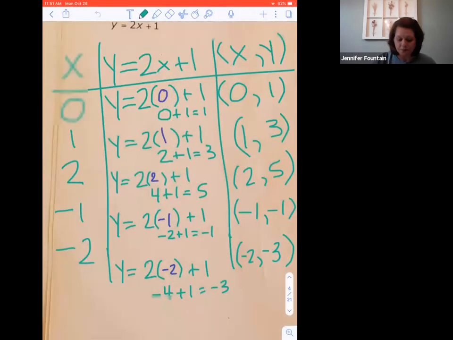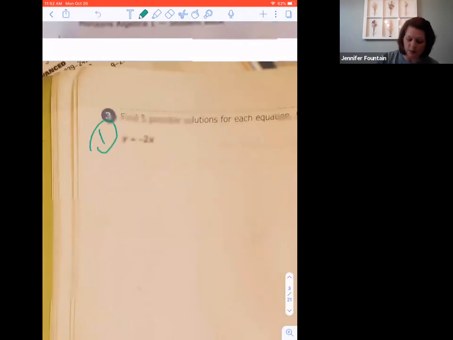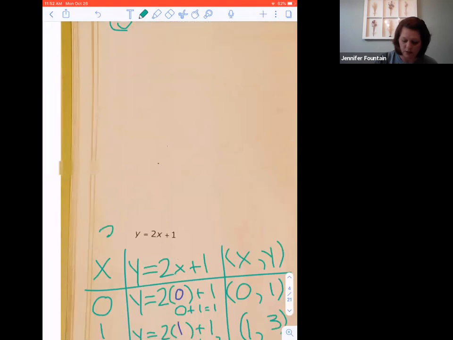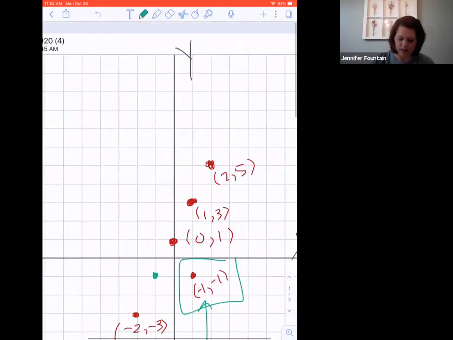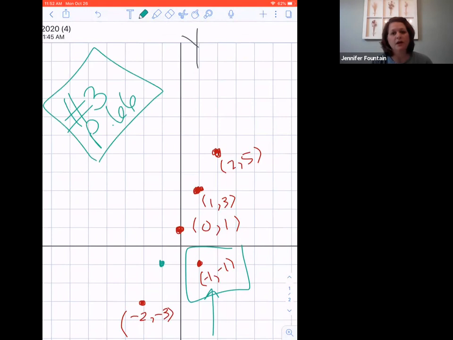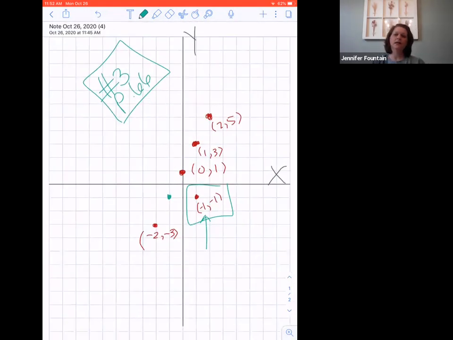So what we'll do is go ahead and number these. So this is number 1, this is number 2, number 3, number 4. So on that graph that you just did, you can go ahead and number it as number 3 on page 66. Okay, so that way you know that's the graph that goes along with number 3 on page 66.